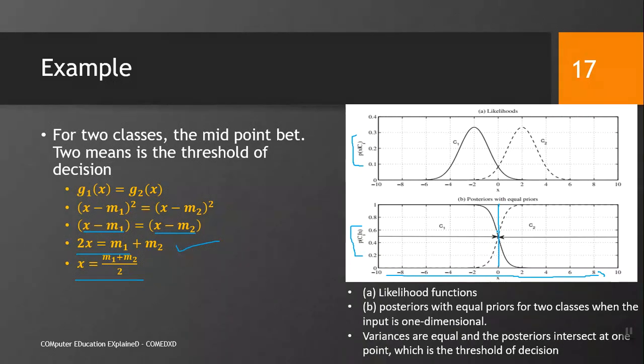So this is the threshold of decision, and if the value of x comes below this threshold decision, we put it into the class C1. If it comes above this value, we put it into class C2, and we find the value of x using this formula.